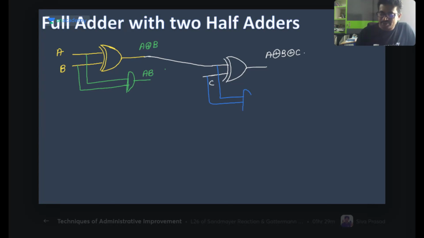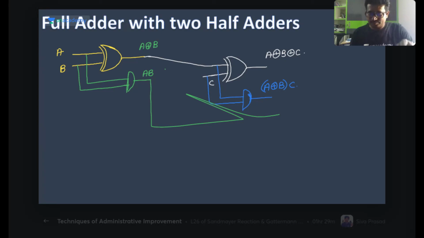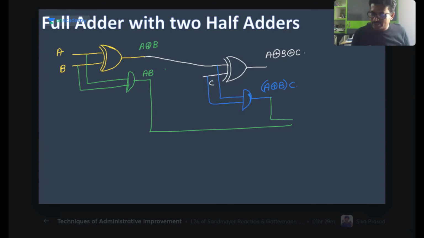Here I will get (A XOR B) into C. Now this is a carry and this is another carry, and these two carries are connected to one OR gate like this. Here we get the final carry, and here this is the final sum.